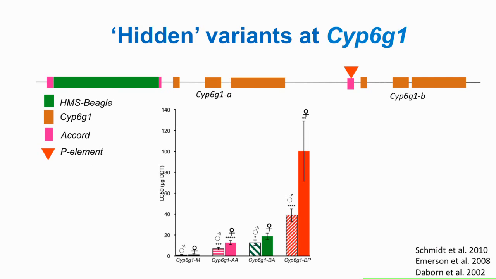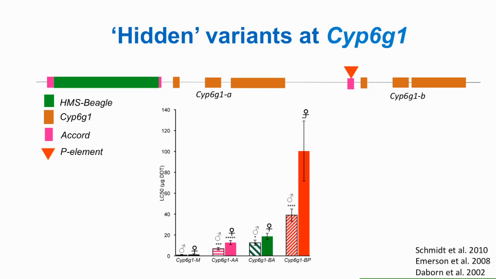This is a familiar story to most of you, the famous story of the CYP6G1 gene, which is involved in natural variation in DDT resistance. CYP6G1 has multiple alleles, all of which are structural variants. We go from left to right.